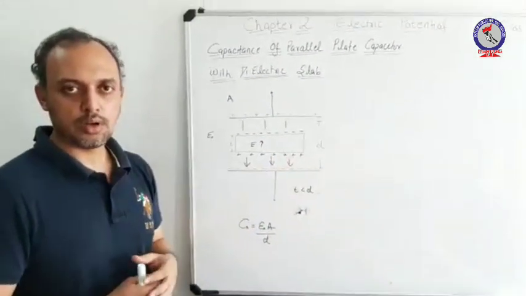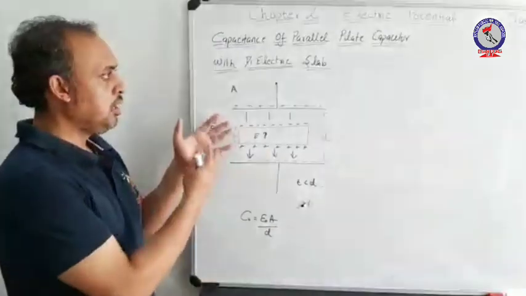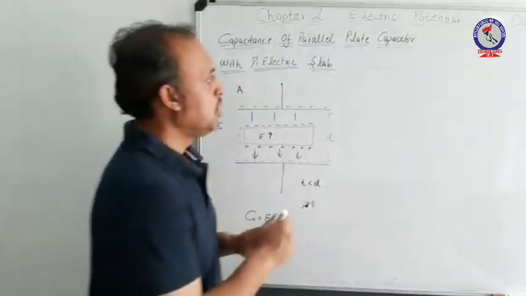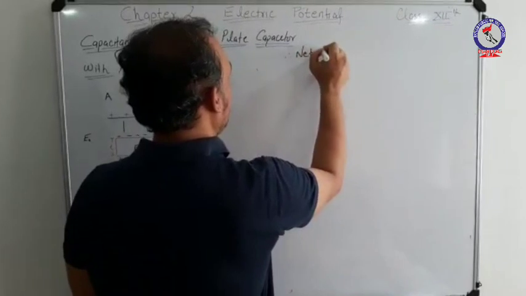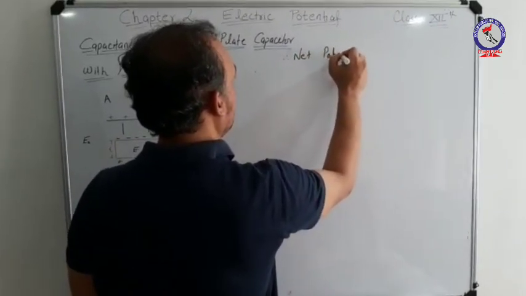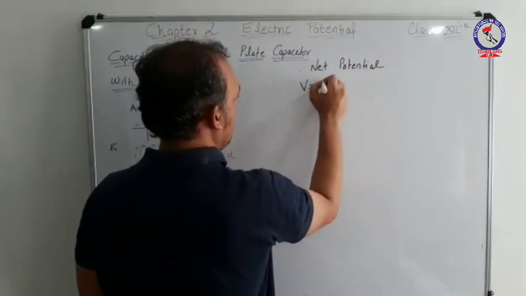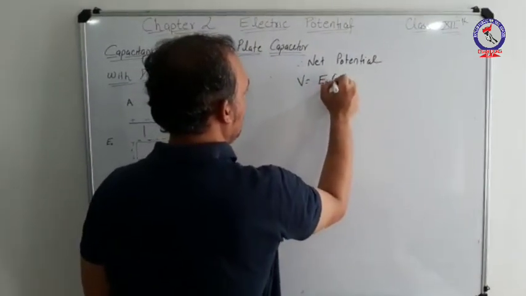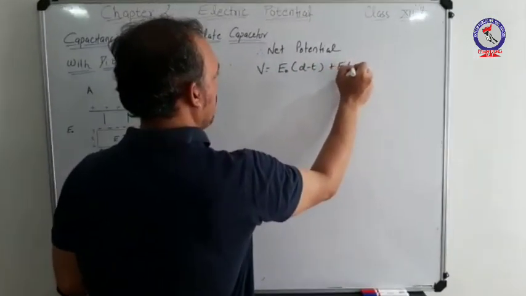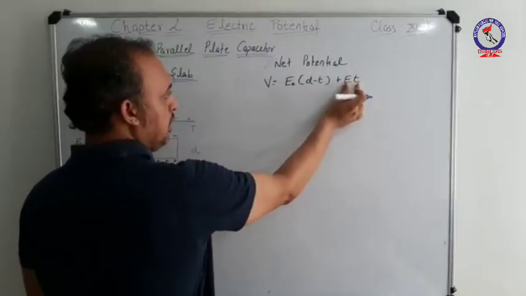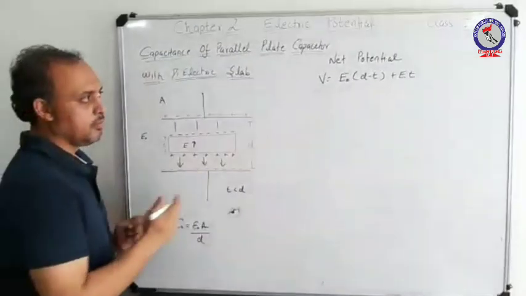In the case of the conducting slab, the field inside the slab was 0, which is not so in the case of this dielectric slab. Therefore, the net potential V can be represented as E0 (d minus t) plus Et, where Et is representing the potential of this dielectric slab region.